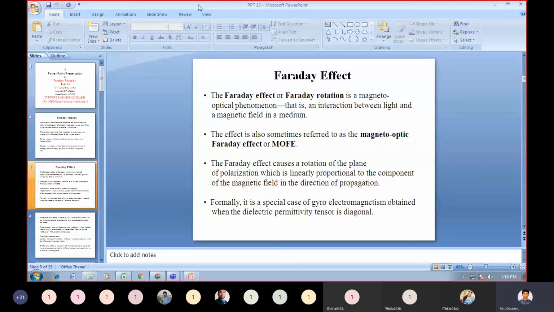The Faraday effect causes a rotation of the plane of polarization which is linearly proportional to the component of the magnetic field in the direction of propagation.